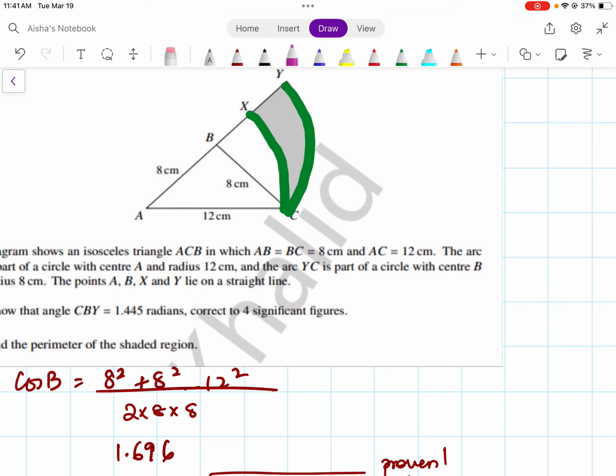And then from this bigger length, this is 12. Instead of this, I will make it a right angle triangle. So using this 12 and using this angle, I can find this bigger hypotenuse, and hypotenuse minus 8 is going to give you this length.